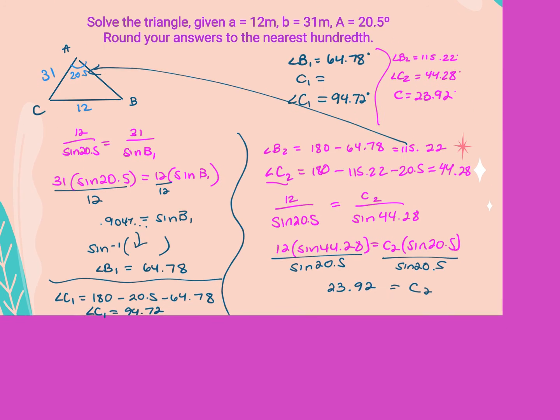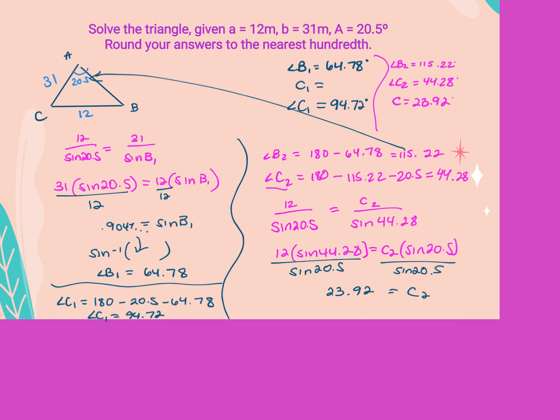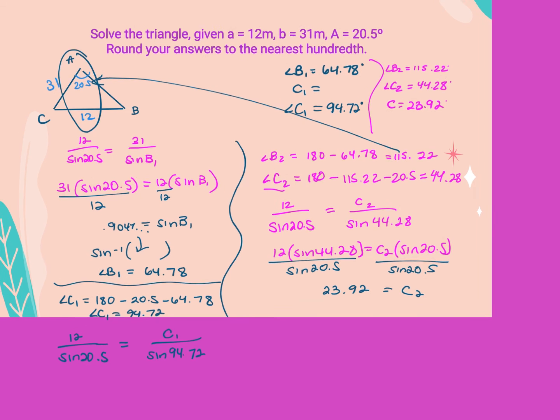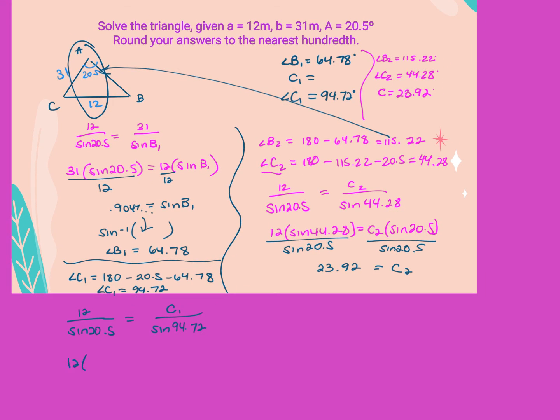And then the last thing I have to find for that first triangle is side C1. So I still use my original ratio, 12 over the sine of 20.5 equals side C1 over the sine of 94.72. Cross multiply. And divide.